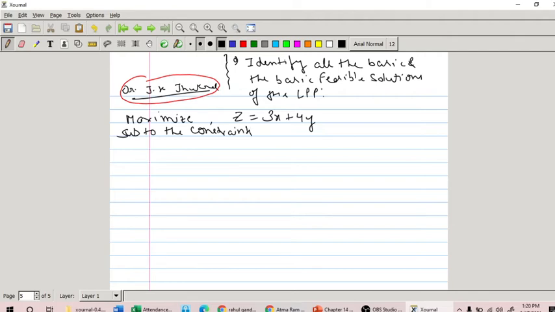And what are these constraints? 2x plus 2y less than or equal to 80, and the other constraint 2x plus 4y less than or equal to 120, and the non-negative constraints which say x, y greater than or equal to 0.